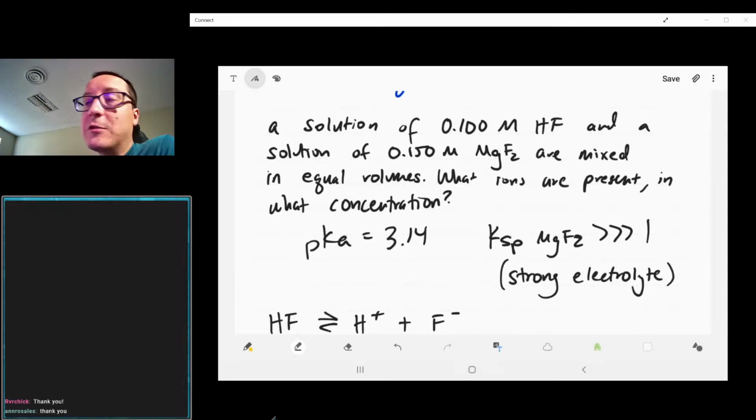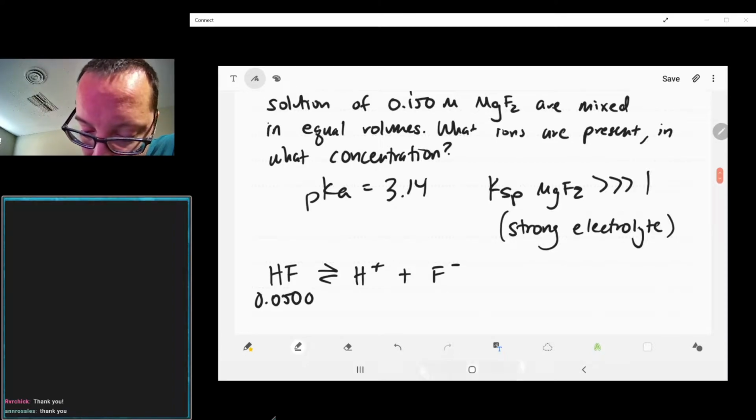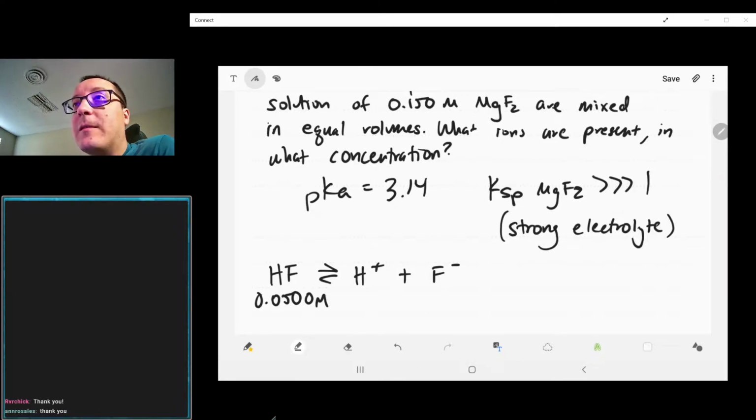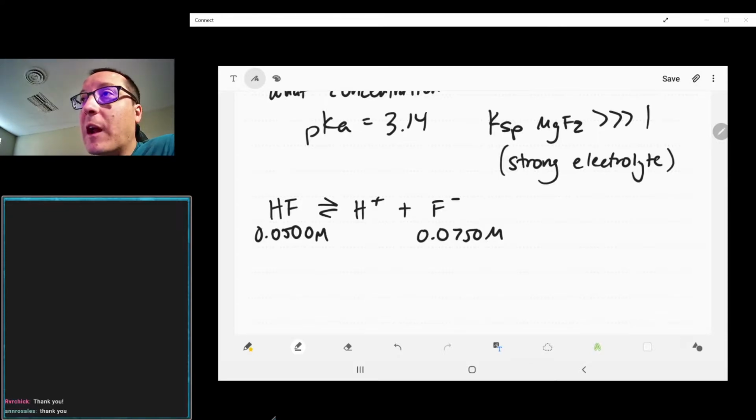M1V1 equals M2V2. So we know we're starting with 0.05 molar hydrofluoric acid, and we're starting with 0.075 molar of the fluoride ion, and we have no H plus ion in there, assuming there's no acids around.